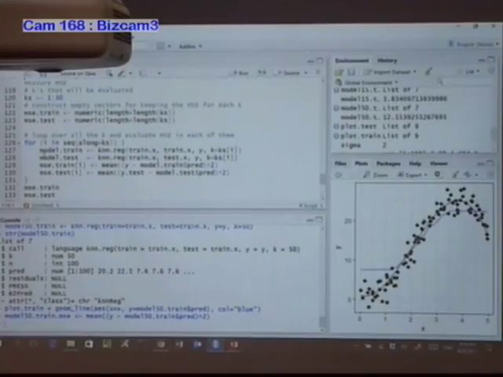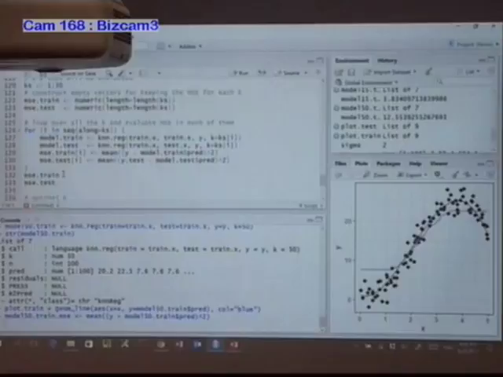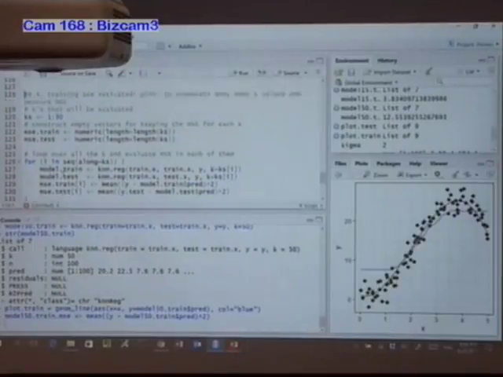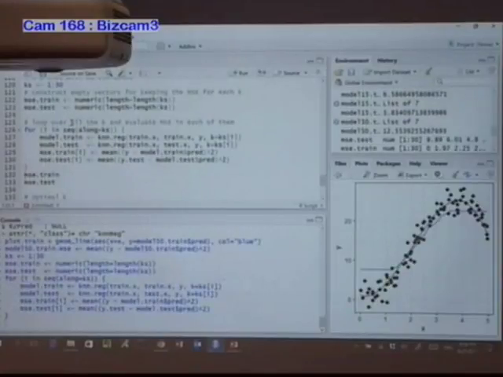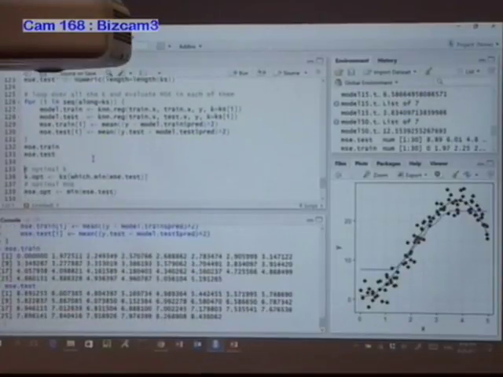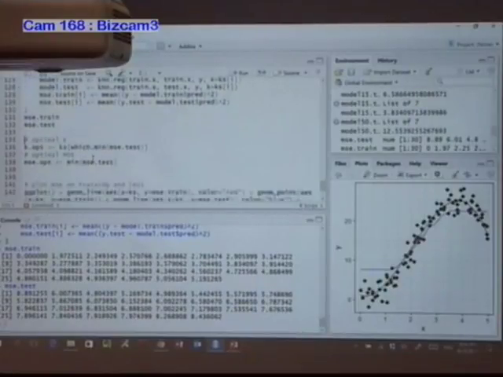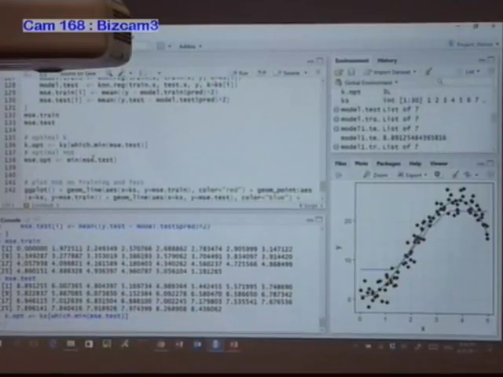So I just run a big loop. For each loop, I want to train the model and measure the mean squared error for training and test. I want to plot the picture we just saw in the slide. There's nothing new, we just encapsulate everything in a big loop. So the optimal k in this case, what? 3?